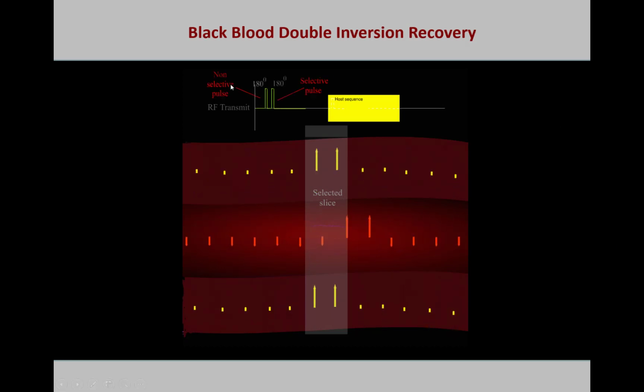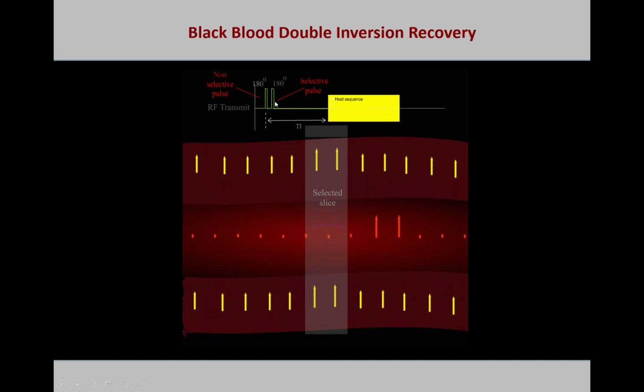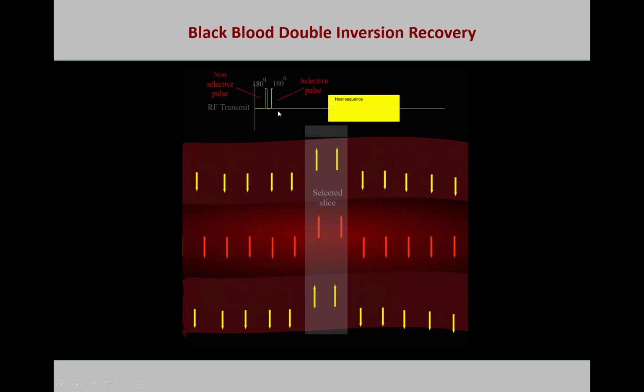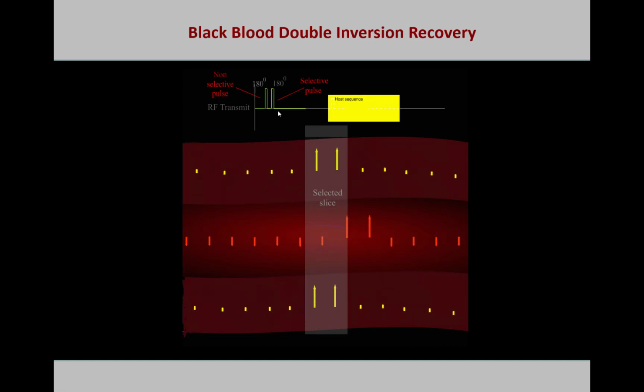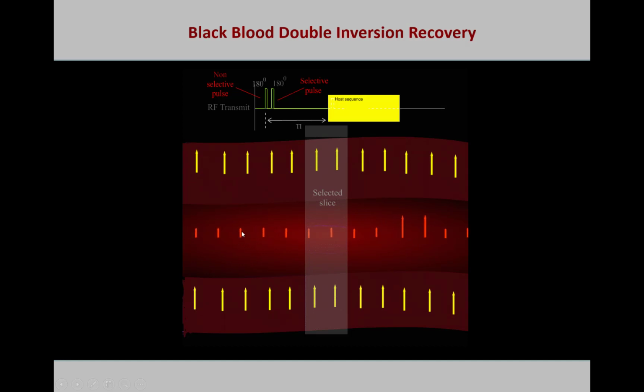So this is our double inversion recovery sequence. So double means we've got two 180-degree pulses, and we have our host sequence as before. We've got one non-selective and one selective inverting pulse. So just initially, let's look at what's happening, the flowing blood.